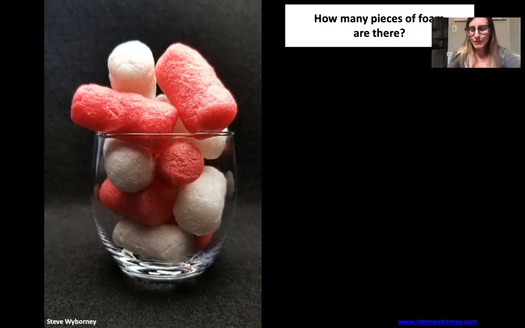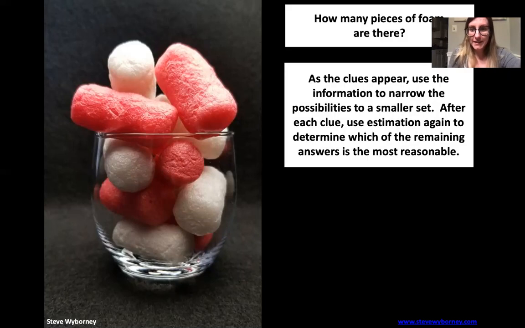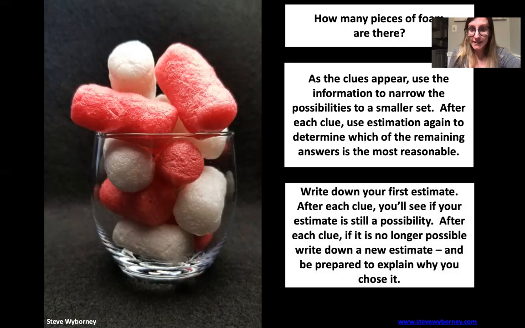What we're going to do is guess how many pieces are here. How many pieces do you guess are here if you know it's more than you can see? Write that estimate down, your guess of how many pieces are there. And then we're going to get some clues to help us figure out how many are here.